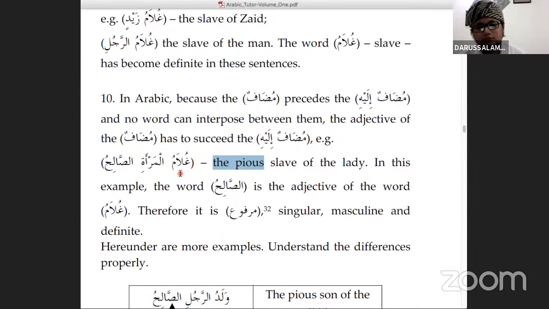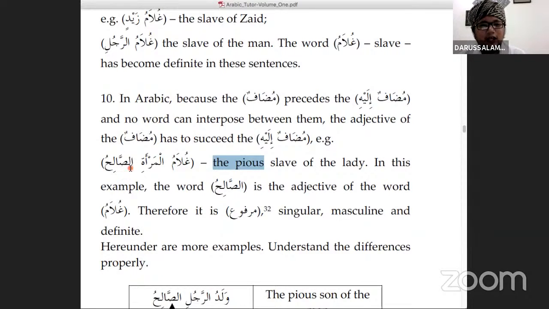Because it's mudaf to a ma'rifah. That's what we say. Because it's mudaf to a ma'rifah. You see, al-mar'ati is ma'rifah, mu'arraf billam. So the mudaf will also become ma'rifah. Okay. So if this is ma'rifah, then the sifat must also be ma'rifah.